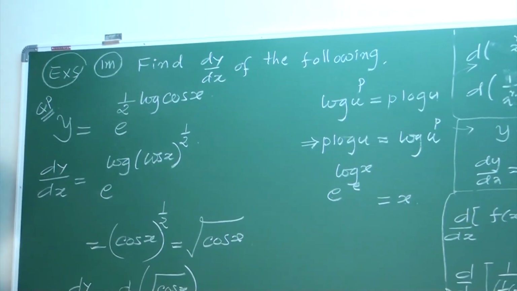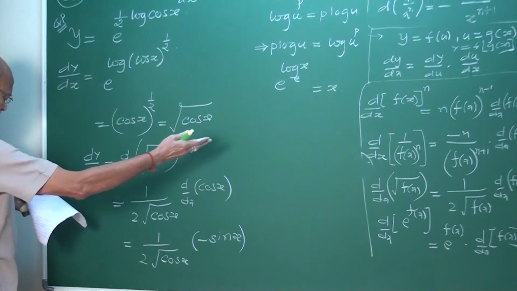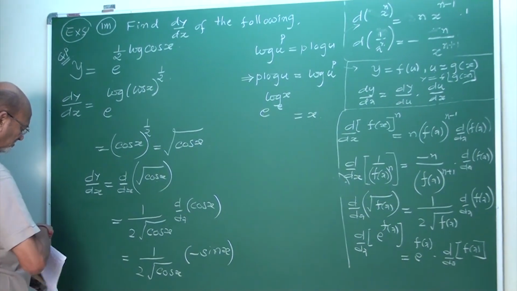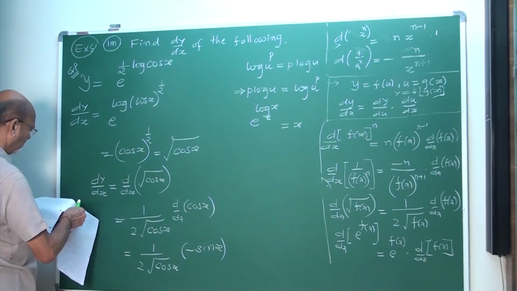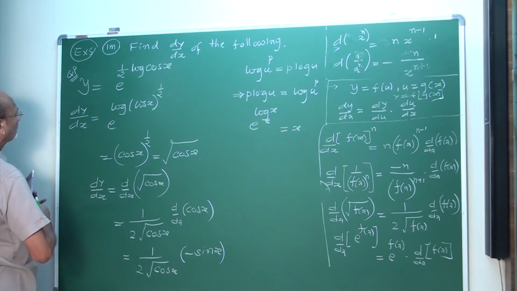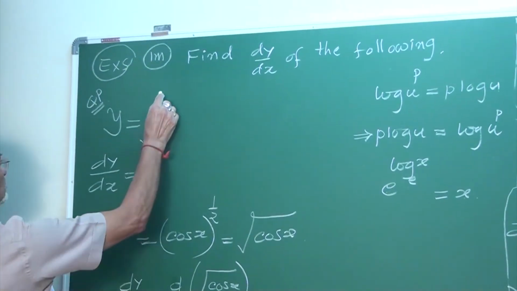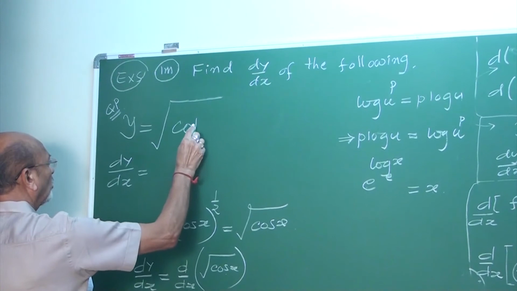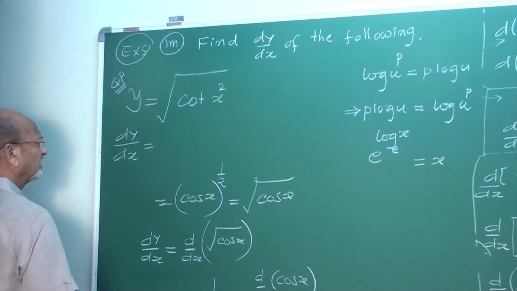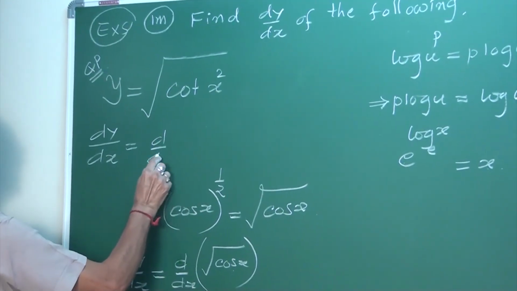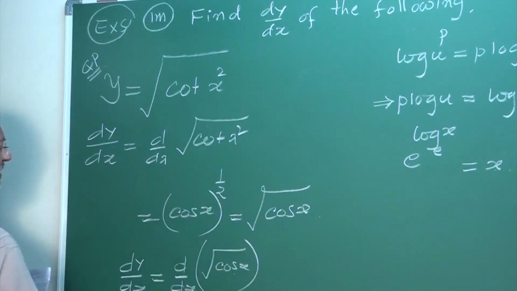Yes, friend. These are some examples based on that list. If you want one more, y equal to square root of cot x square. This is there in your textbook. It is d by dx of root cot x square.